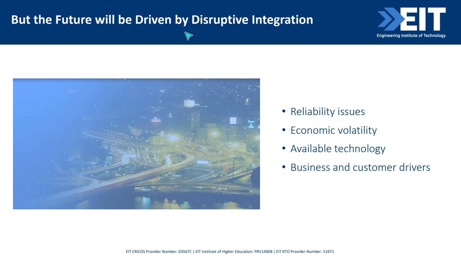We will have issues with economic volatility. There's a war going on in Ukraine, nothing to do with Australia or other parts of the world. We're thousands and thousands of kilometers away, but gas supply is in huge short supply at the moment. So you will have a problem with available technology. Remember my friends, it'll all be based on what the business wants and what the customer wants.